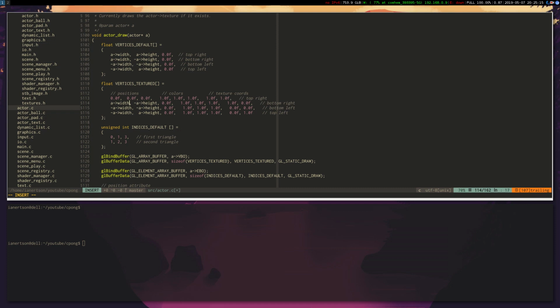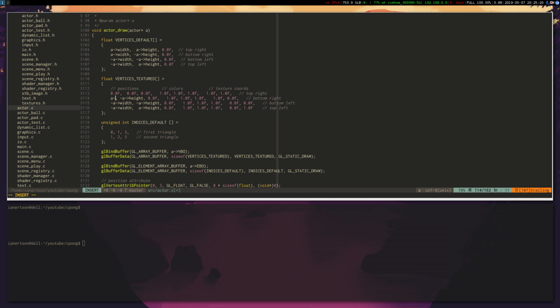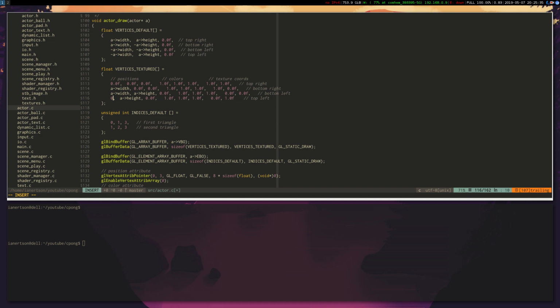Then we're gonna move to the right. And then we're gonna move to the bottom right corner, and then to the bottom left corner. So that's it. And then we're gonna redo these.